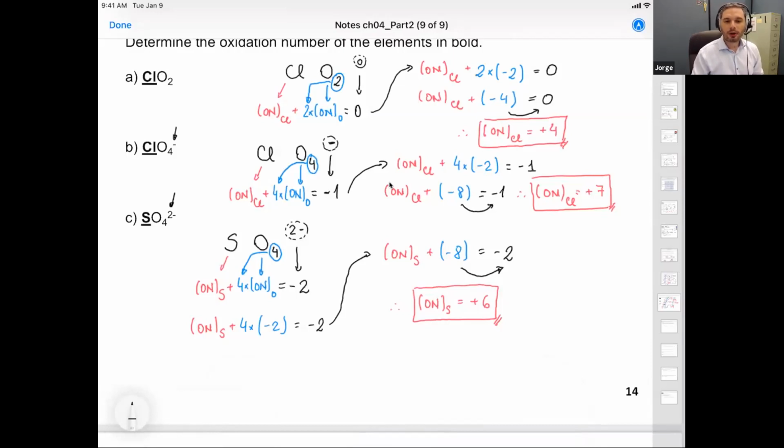Okay, there is not a lot of secret here to determine the oxidation numbers. You just have to have the rules clear in your head, and don't forget about signs and small things like that. Okay, and don't rush. Think about what you are doing. And again, the best way to learn that is by practicing, and that's what we are going to do.